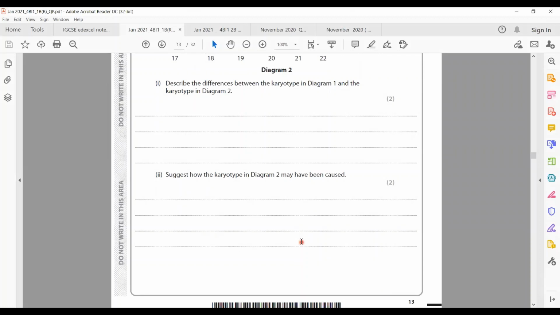You suggest how the karyotype in diagram 2 might have been caused. It can be as a result of errors in like crossover during meiosis. طيب, what's the name of the error? مهم نعرفها دي. Miss, I'm not quite sure. طب who knows the error?